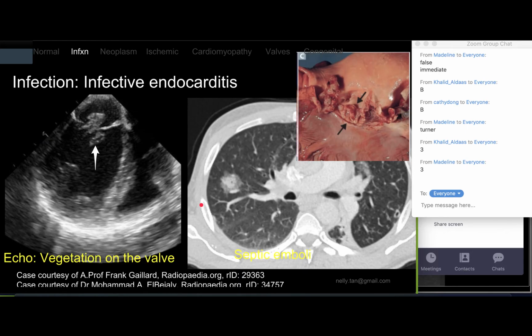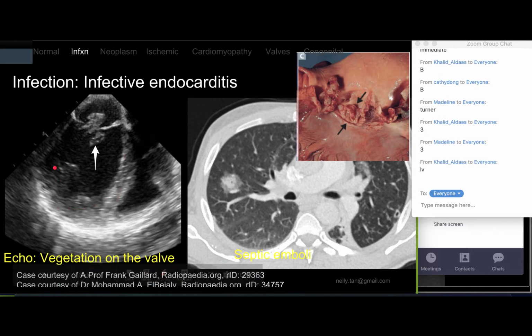So the first part of that USMLE content list is infection. So we're going to start off with infective endocarditis. What kind of study is this? Good, so it's an echo, cardiac echo, and we're seeing which chamber? So the muscles are thick.